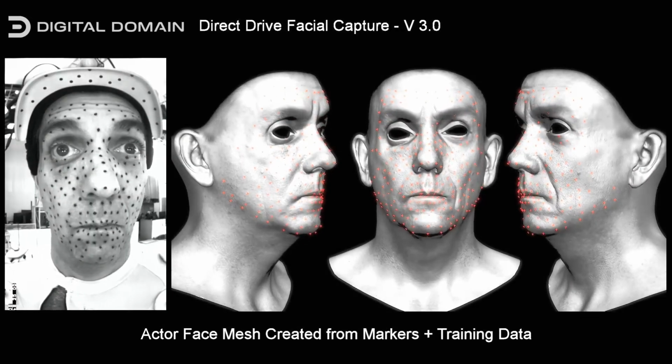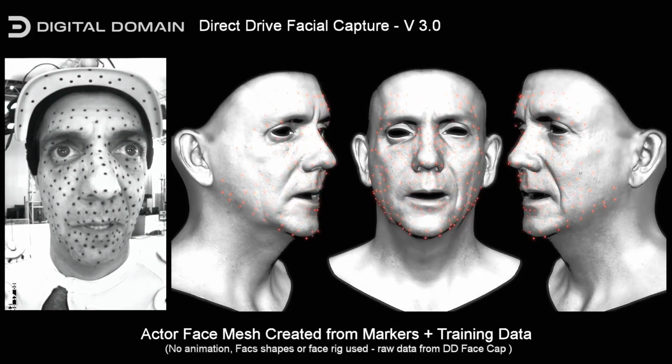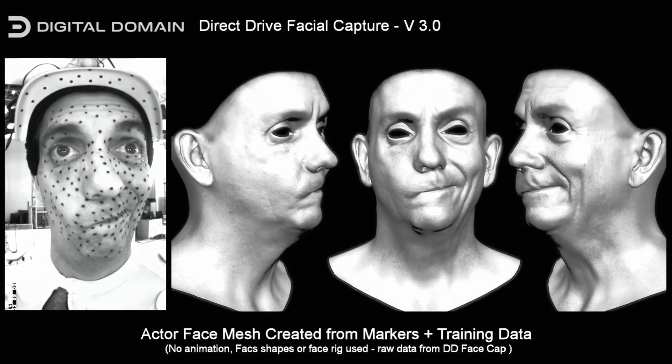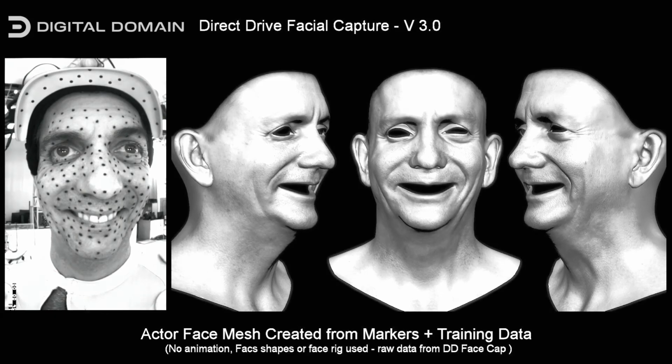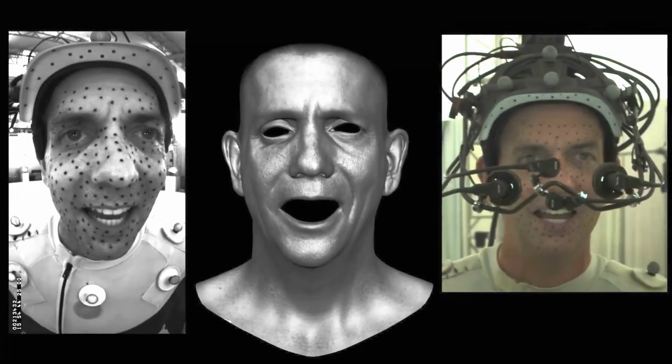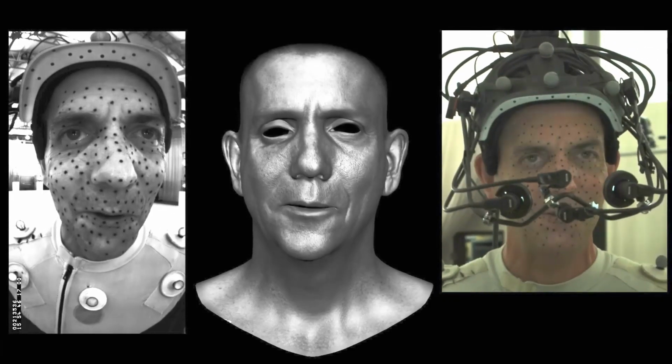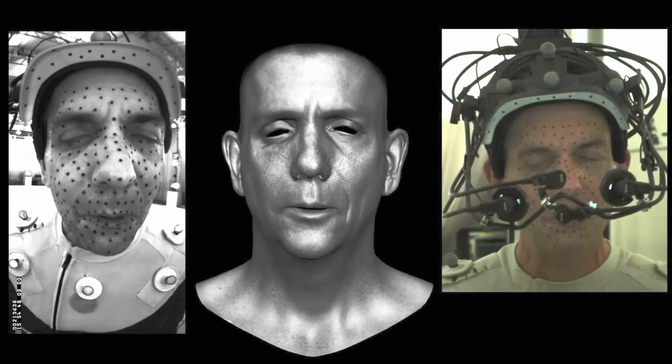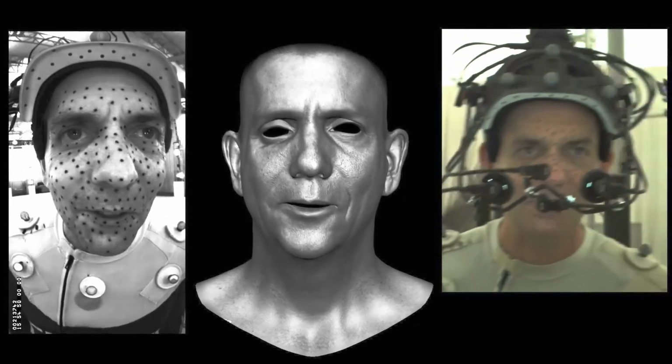So this is what we were hoping to get as a result. We would take the image stream to give us directly a high fidelity actor model or actor shape.